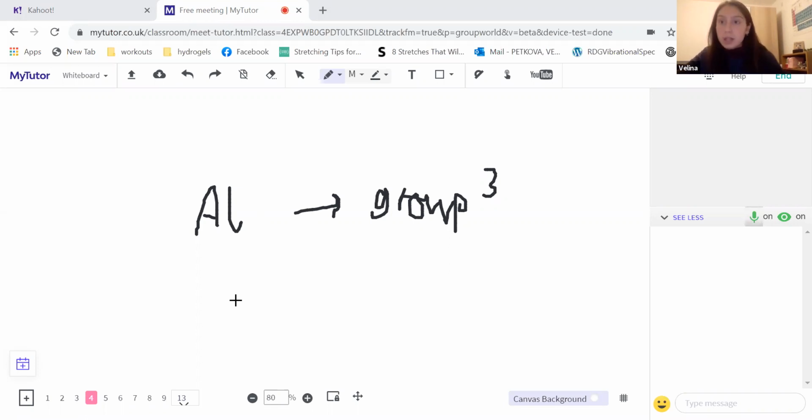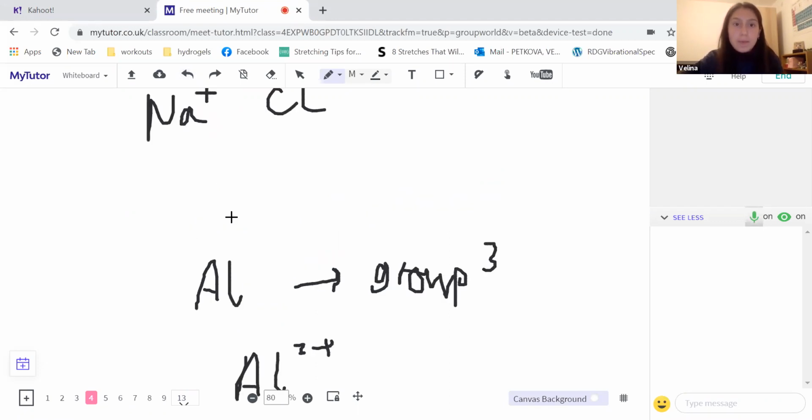So metals always lose electrons to gain this stable configuration. So aluminium is going to lose electrons. How many electrons do we think aluminium is going to lose? Okay, so it's going to lose 3 electrons. Perfect, yeah. So if aluminium loses 3 electrons, we're going to get a 3+ charge, because now we're going to have 3 more protons than we have electrons in our atom. Okay, and that is where this charge comes from.